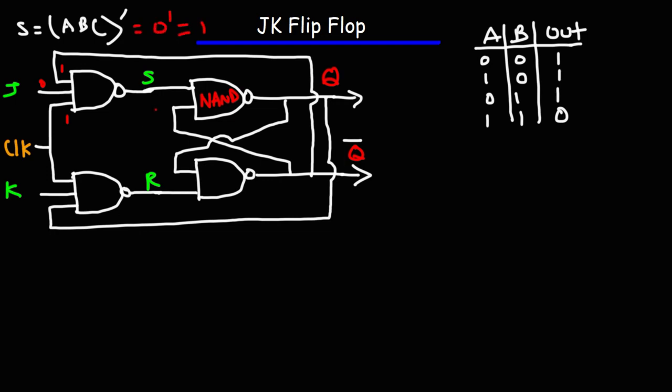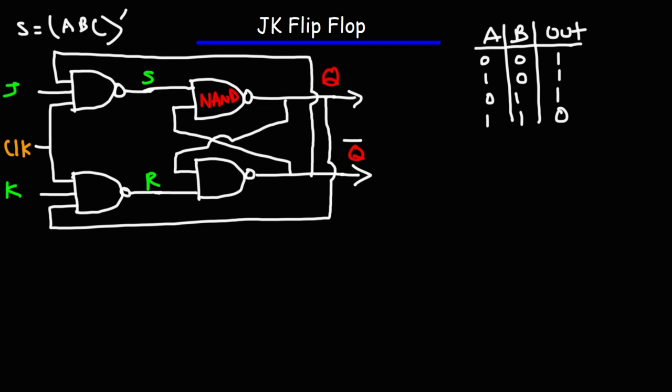So the only way we're going to get a 0 here is if all three of these are 1. Using that formula, it will be 1 times 1 times 1, which is 1. The complement of 1 is 0. So keep that in mind as we discuss the operation of this circuit. We're only going to get an output of 0 if all the inputs are 1.